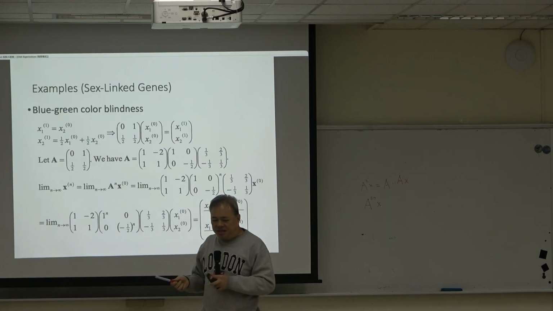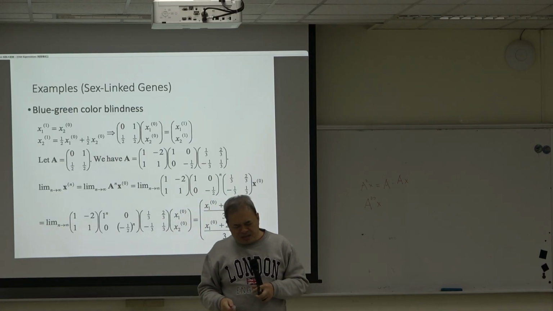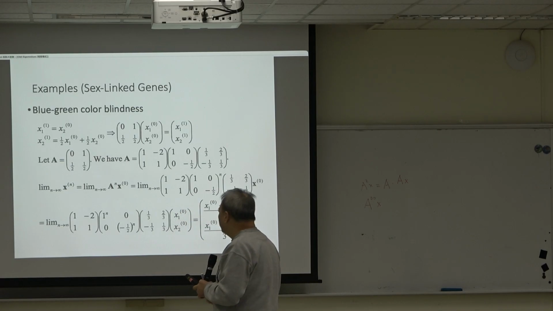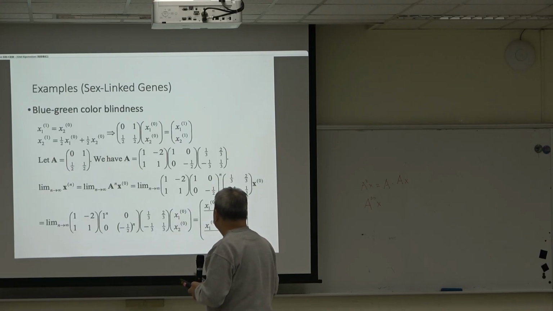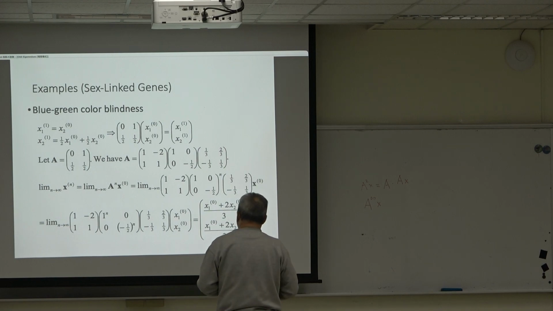So first we can, again, diagonalize A. So we represent A like this. I think this one is correct.